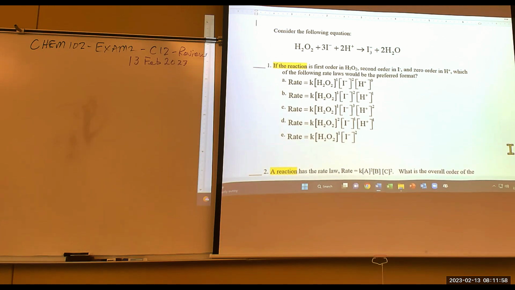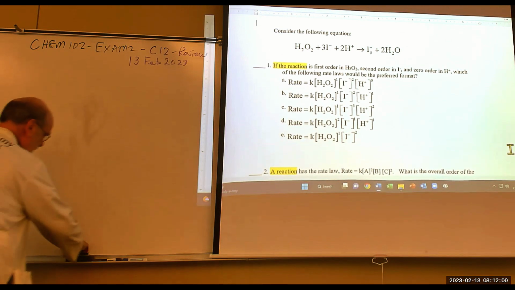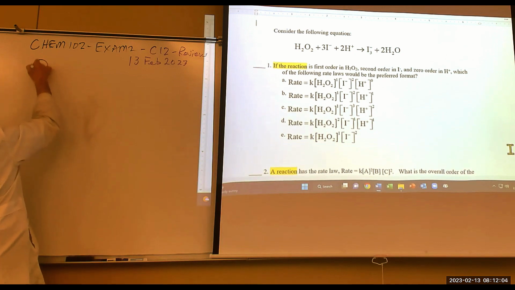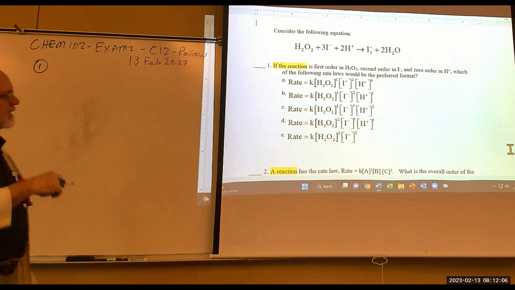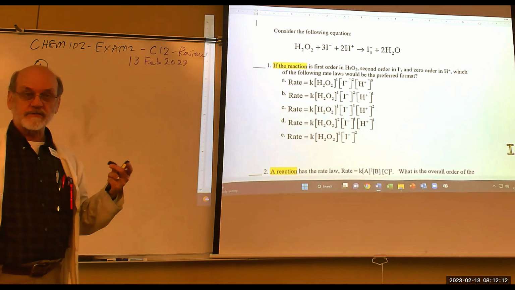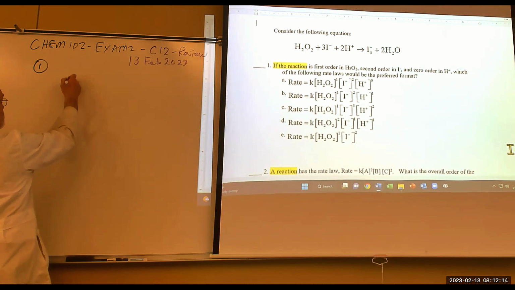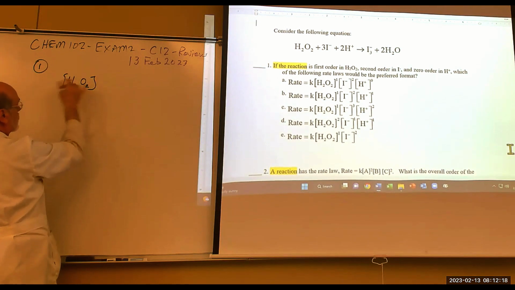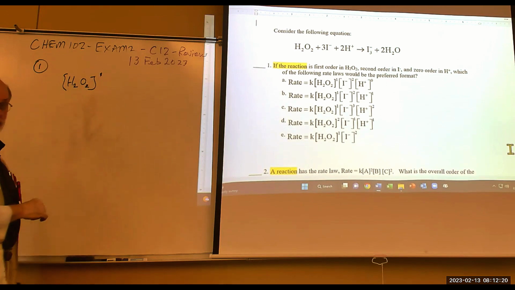Okay, so let's start with this one. Number one. If this reaction is first order, we're actually told that this reaction is first order in hydrogen peroxide. So whatever its term will be, it'll be first order.